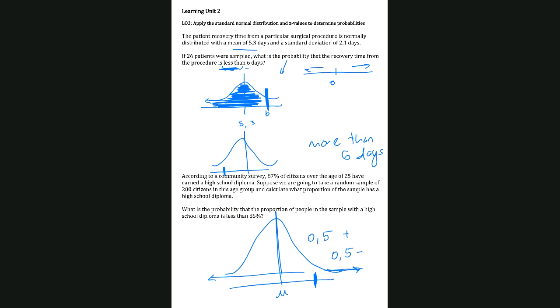If they're saying to you that it's less than this value, so less than means you would go into this direction, the rule is 0.5 minus because you're moving away from the central line. And if they say to you more than this value, then it means you're moving to the right, where the rule is 0.5 plus. So this is the rule when it comes to your standard normal distribution.